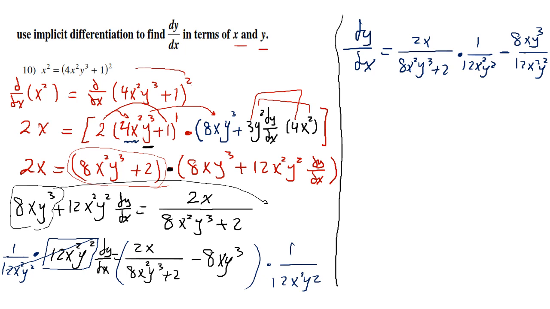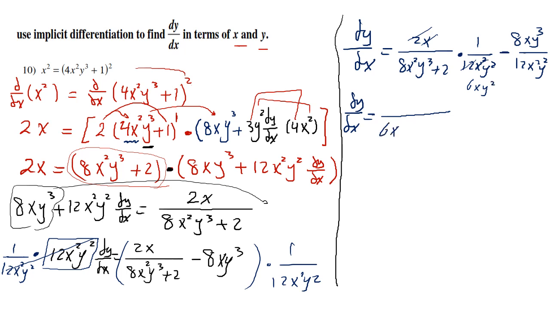Let's simplify it. So dy by dx is equal, by cancelling 2 with 12, so it's 6, and x with x squared, so it's 6xy squared.